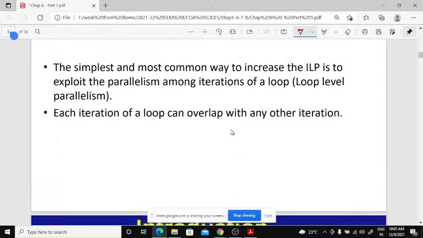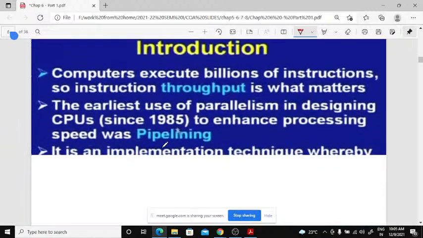We'll see some of the concepts. The simplest and most common way to increase instruction level parallelism is to exploit the parallelism among the iterations of a loop. Each iteration of a loop can overlap with any other iteration. We'll see some examples.